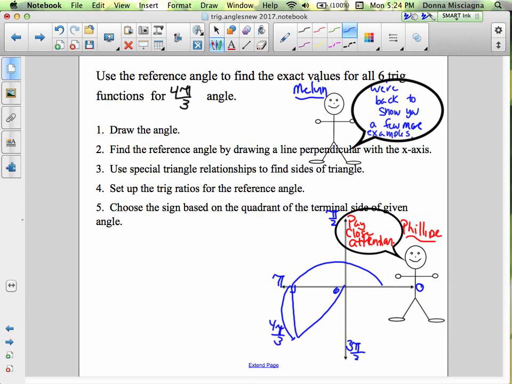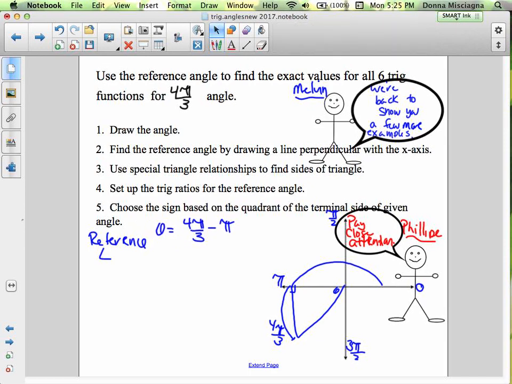So if we take 4 pi thirds and subtract pi from it, we'll have our reference angle. Our reference angle is always going to be between 0 and 90 degrees. So this distance right here, that's our reference angle. And we find that by taking 4 pi thirds and subtracting pi.